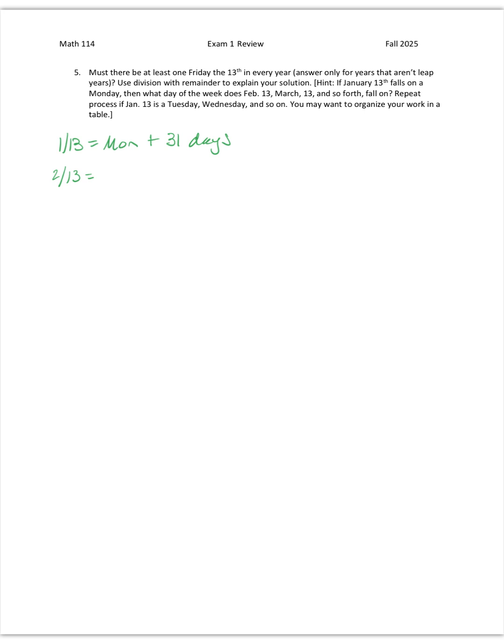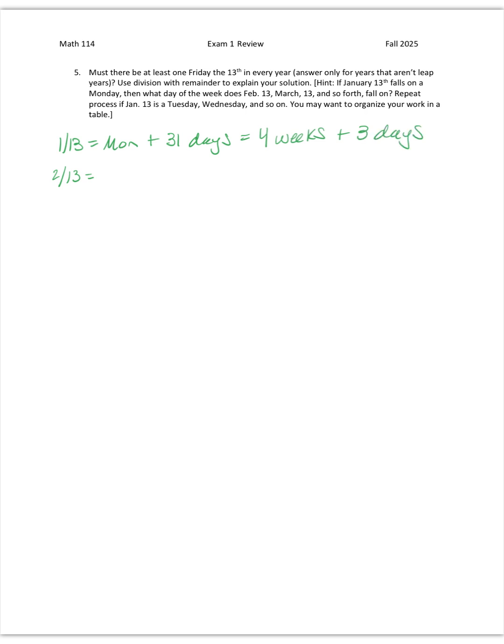So 31 days, but I would like to know that in groups of 7 in order to figure out the days of the week, how many weeks have gone by and how many days. So we do 31 divided by 7, and we get 4 weeks with 3 days left over. So this is 4 weeks, 28 days, plus 3 more days to get to 31.